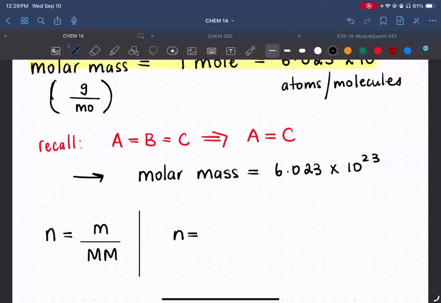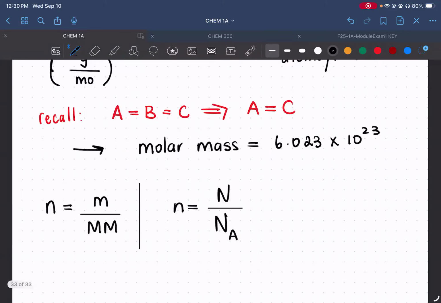Number of moles is equal to, sorry, let me, oops, is equal to, what's the symbol for this one again? I apologize. Capital N divided by capital N sub A.